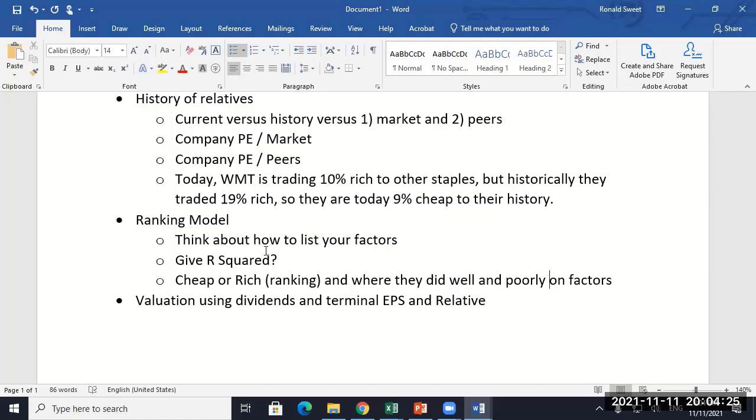Y'all remember Monsanto? We did Monsanto last year, but it came on our buy list and we were looking at the model. The main thing that put them high ranked was their sales growth. But the only reason their sales growth was so high is because they bought another firm and purchased the firm. So their sales jumped 20 billion all in 1 year.